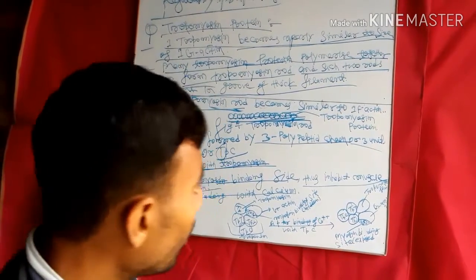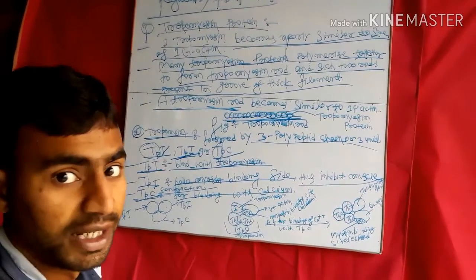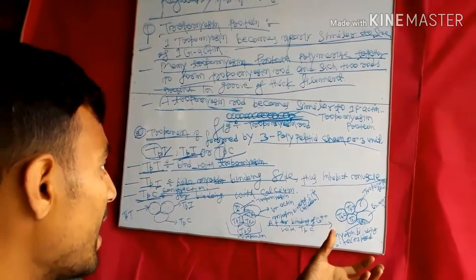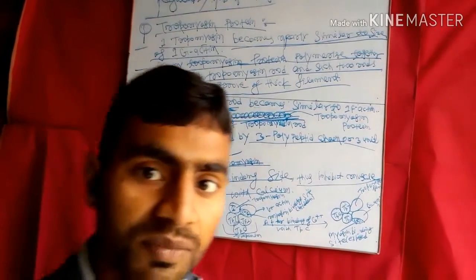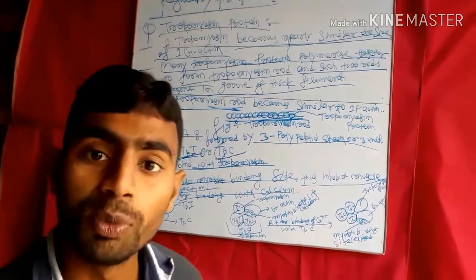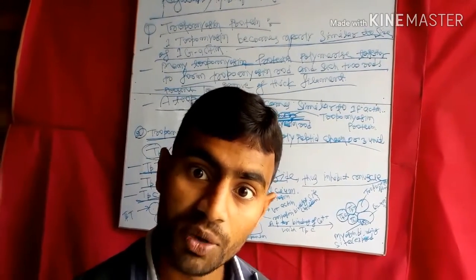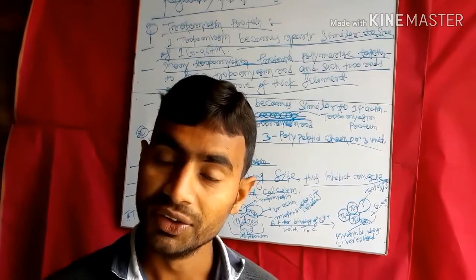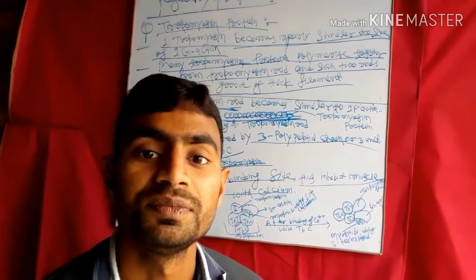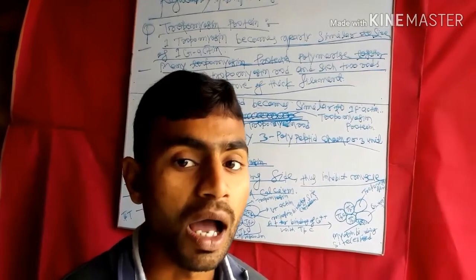When the myosin binding site is exposed, then muscle contraction can happen. How? Because the myosin binding site is now exposed, hydrolysis of ATP happens.